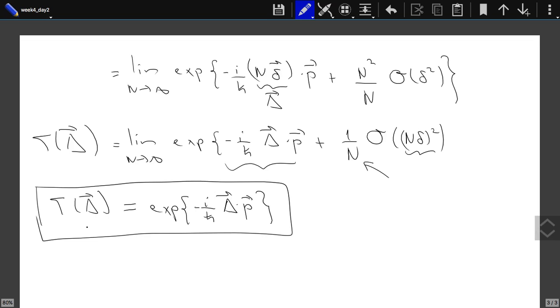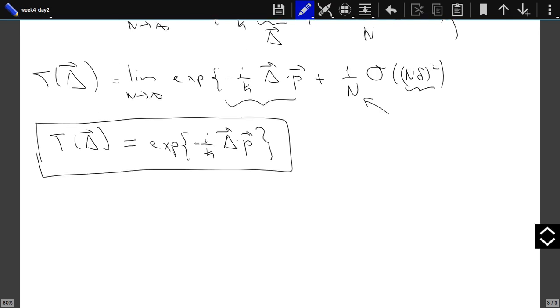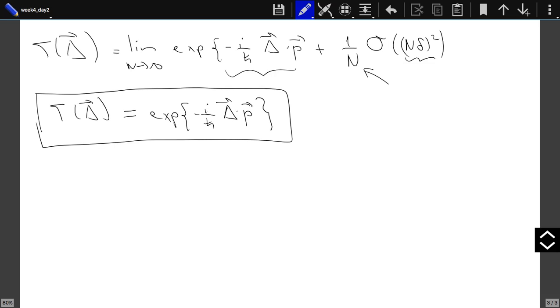So now we also have the translation operator. Now, any questions on this translation operator or the canonical commutation relations we had derived?